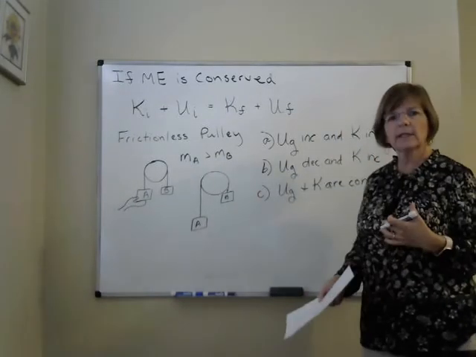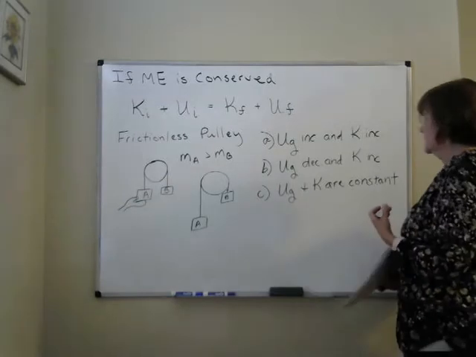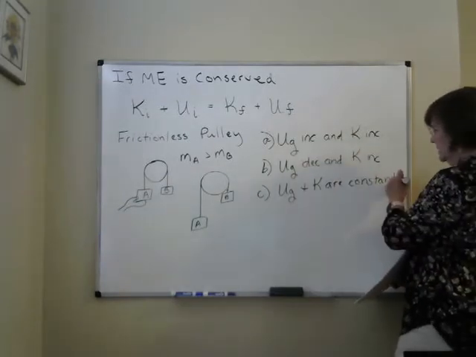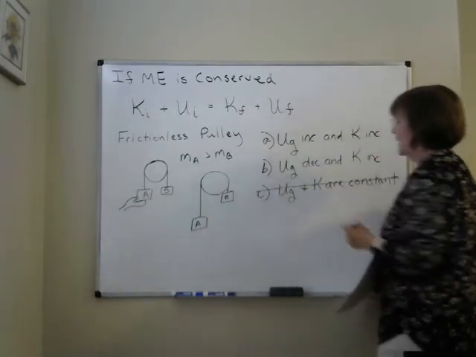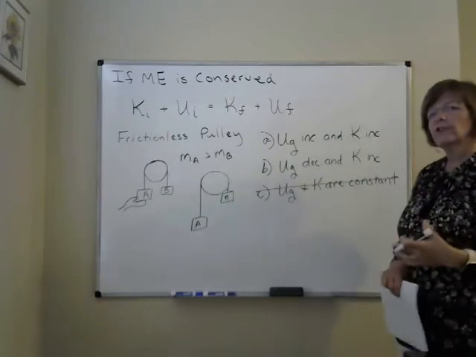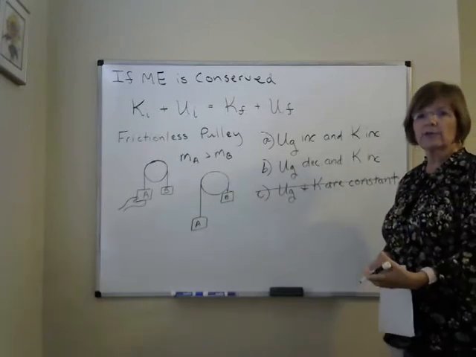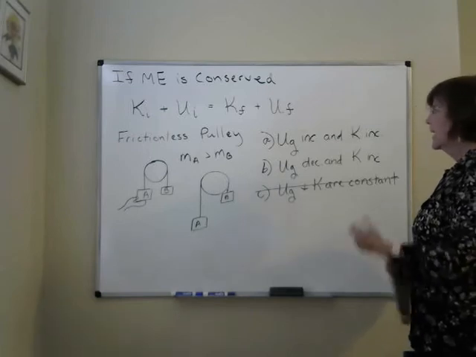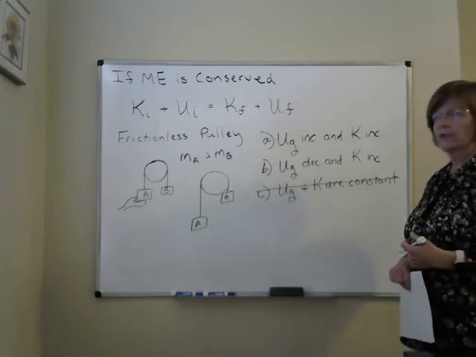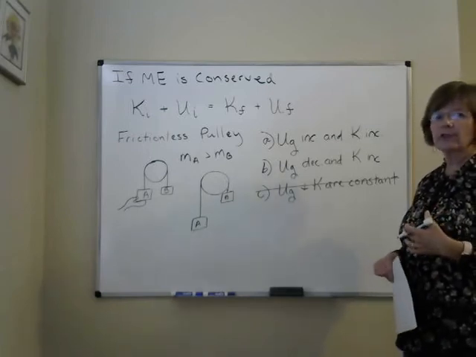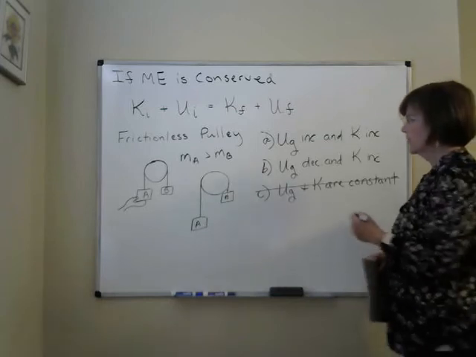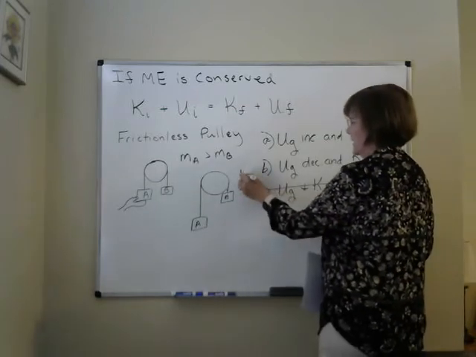So we definitely know that kinetic energy increases. So that limits us to A or B. Conservation of energy says if the kinetic energy is increasing, then gravitational potential energy would have to decrease. So our correct answer is going to be B.